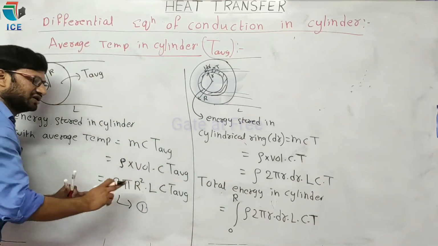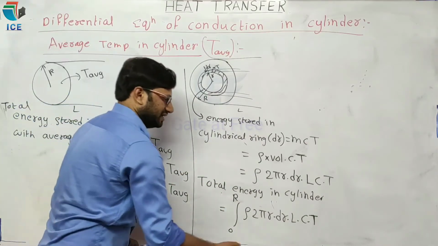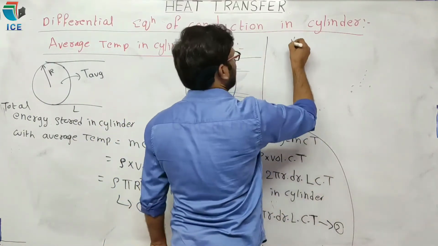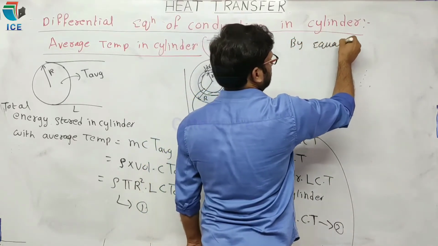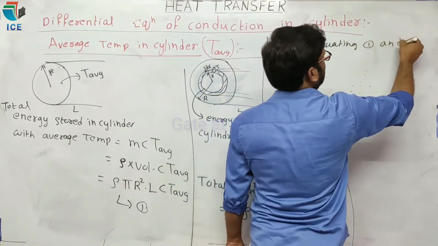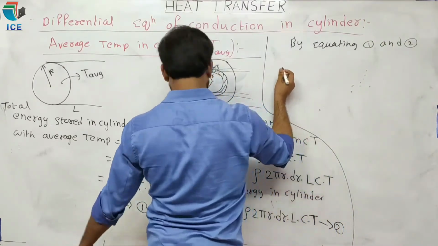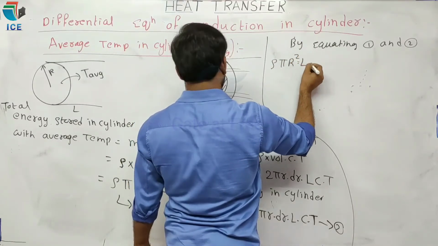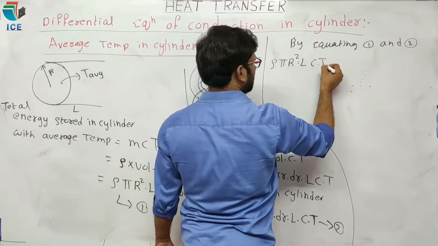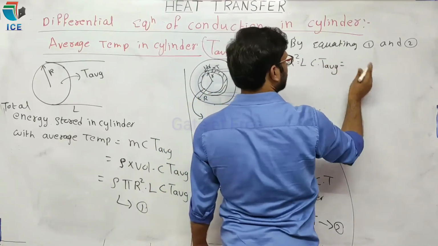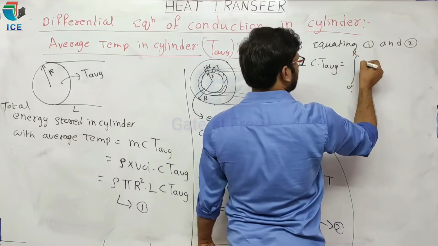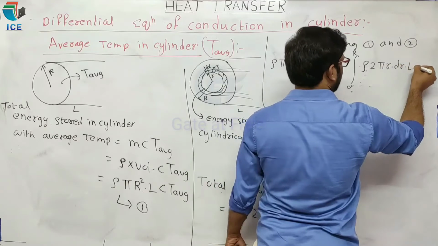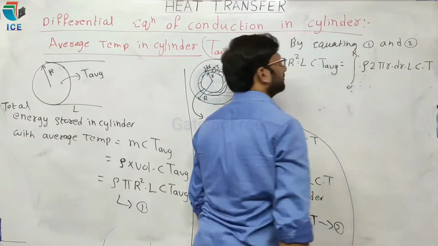Make this equation 2. By equating equation 1 and 2 we get: rho pi R square into L, specific heat T average is equal to integral 0 to R density 2 pi r dr length, specific heat into T.